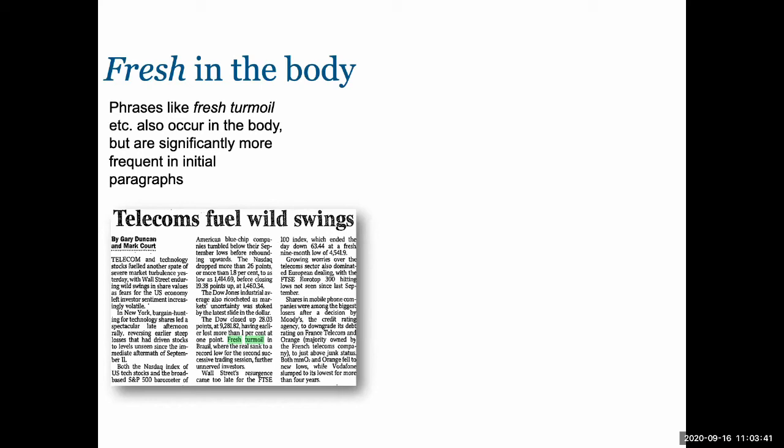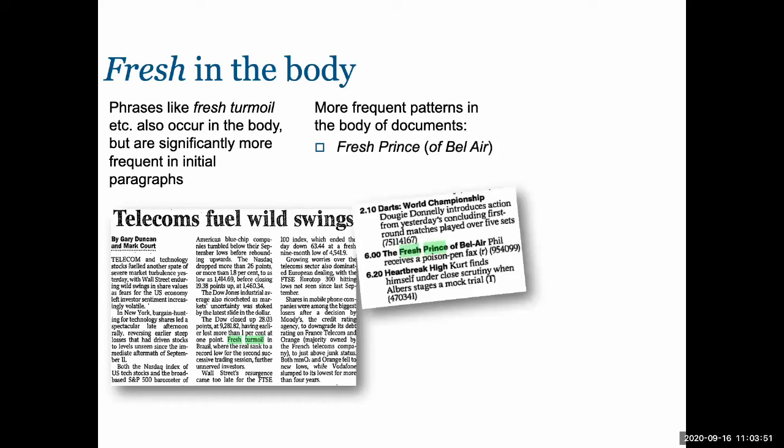And then, because we're working with the full newspaper issue, we actually also find some interesting frequent patterns in the body of documents, such as Prince as a color kit. And this goes back to the Fresh Prince of Bel-Air. So the TV program is part of the data in this case, and it actually has quite an effect because it's very repetitive.